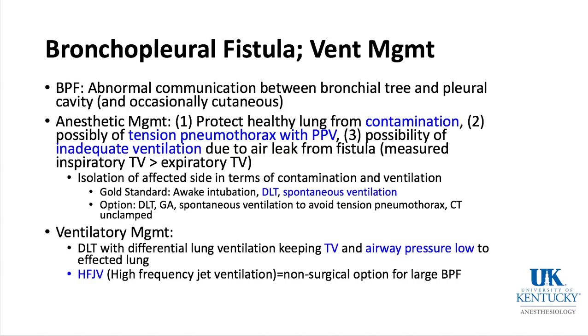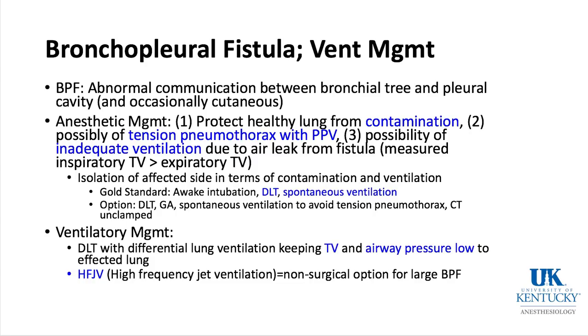Let's say you have a bronchopleural fistula on the right side. Air is going to go down that right side, out the bronchopleural fistula, into the pleural space. And if you had a chest tube in there, the air could go out the chest tube, and very little air would go into the normal left lung and ventilate it.